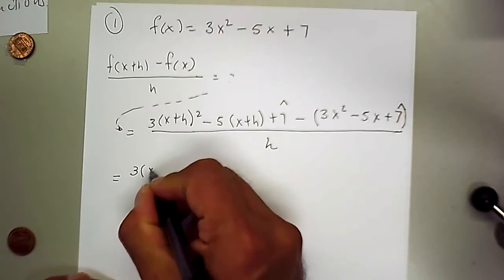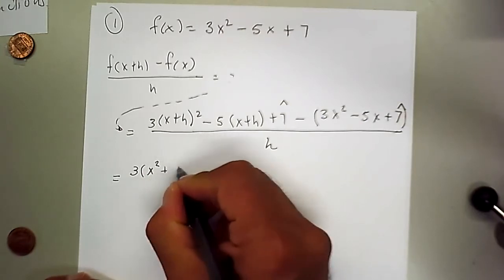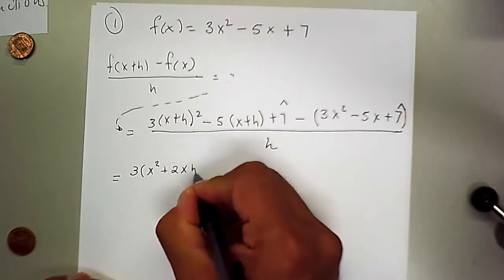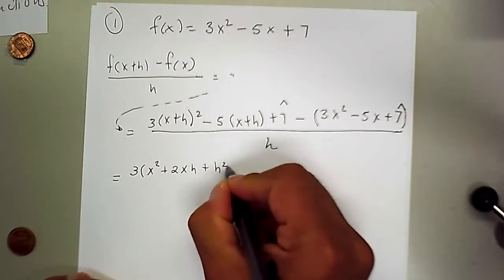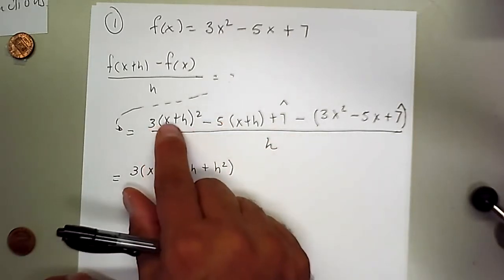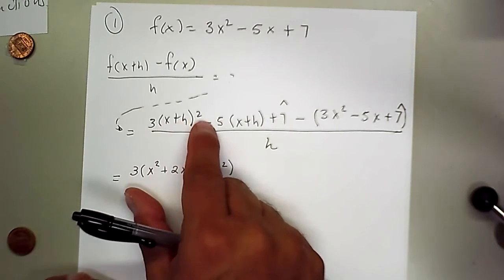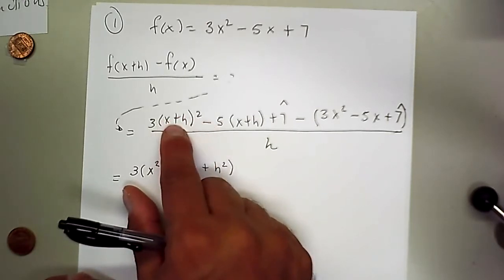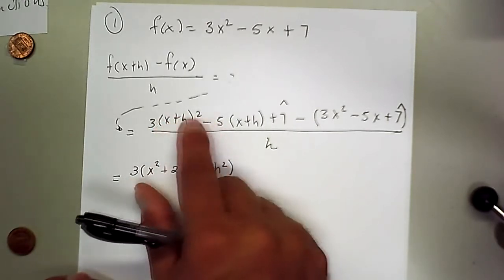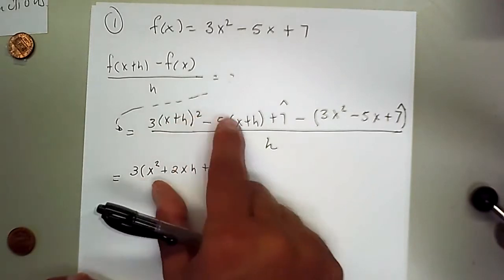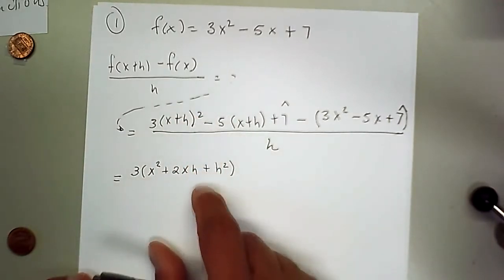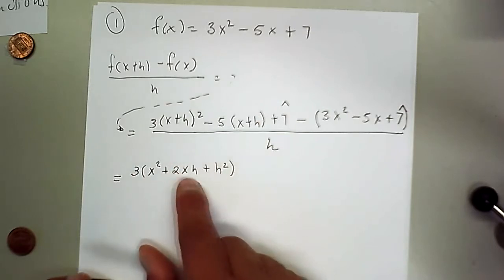So we're going to end up with x squared plus 2xh plus h squared. And remember, that comes from x plus h times x plus h. So the first terms multiply, the outer terms, the inner terms, the last terms multiply also, and then we consolidate, and we end up with this.